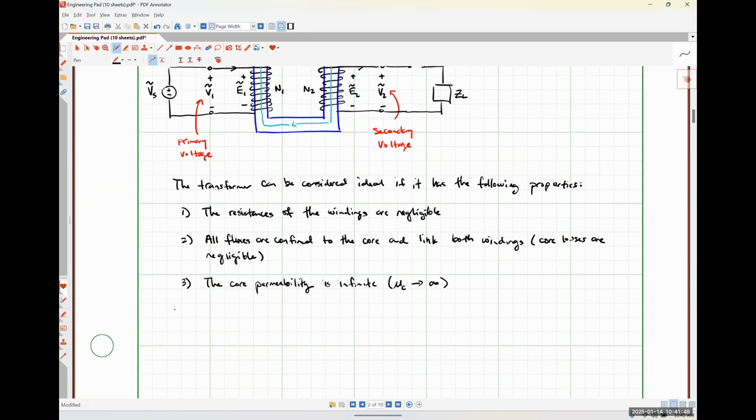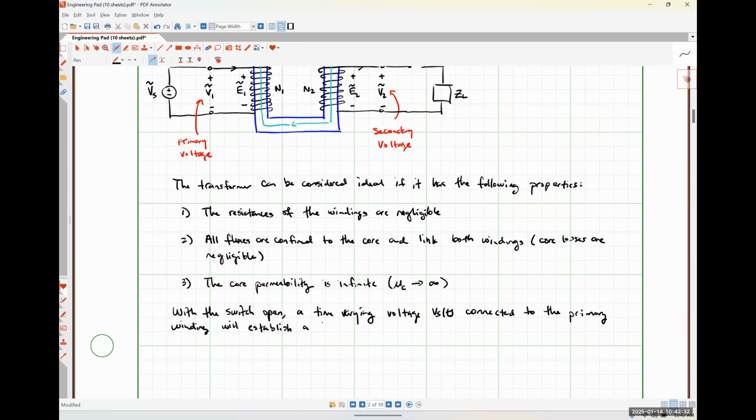So with our switch open, a time varying voltage Vs of t connected to the primary windings will establish a time varying flux phi of t in the core.